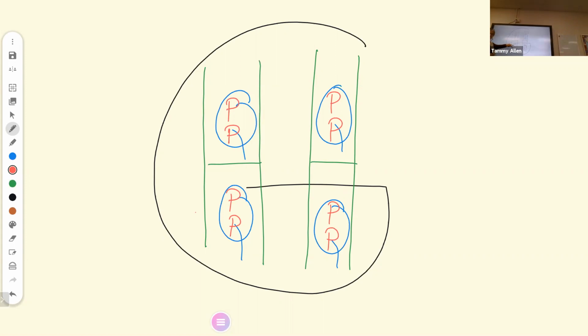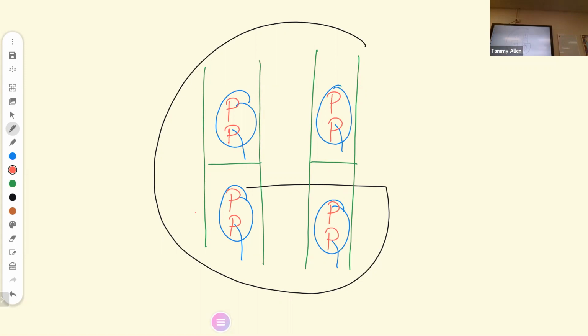Here's the half gallon. How many pints are in there? Four. How many pints are in the whole gallon? The whole thing is the gallon. How many pints do you see in there? Eight.